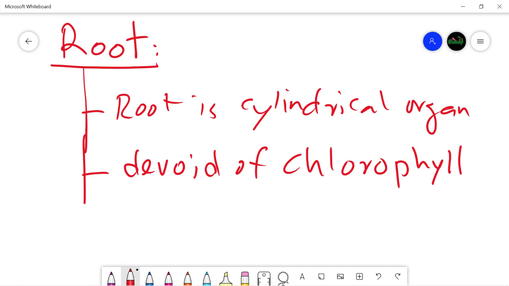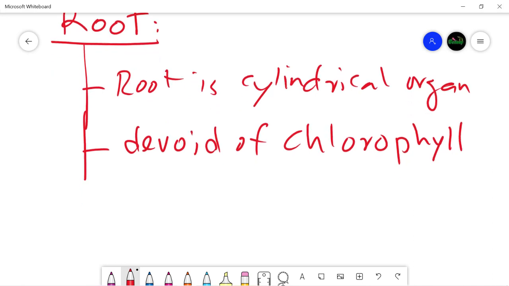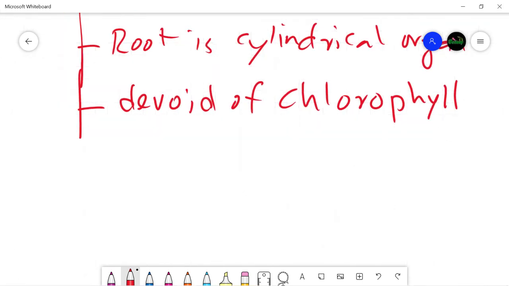So root is a cylindrical plant organ. It is devoid of chlorophyll and it doesn't bear any buds. Bud is a characteristic of stem. So there are no buds on the root except in rare cases, as we shall see in the following discussion.